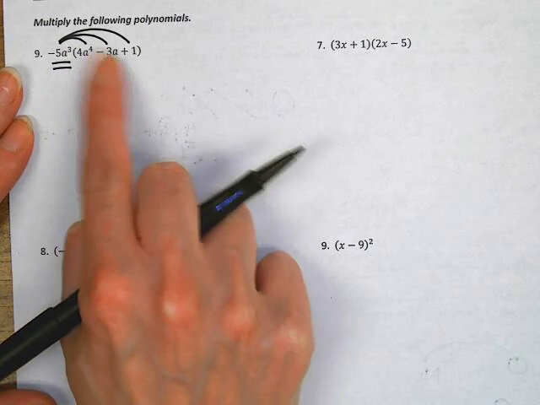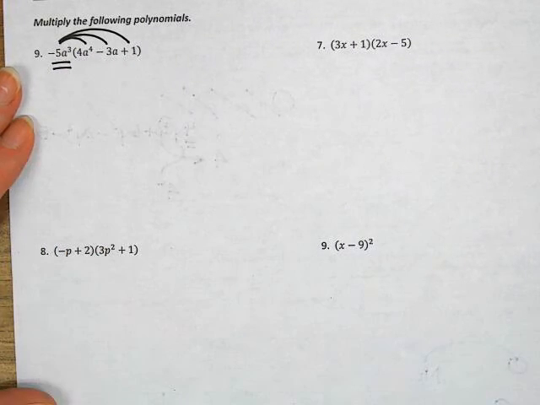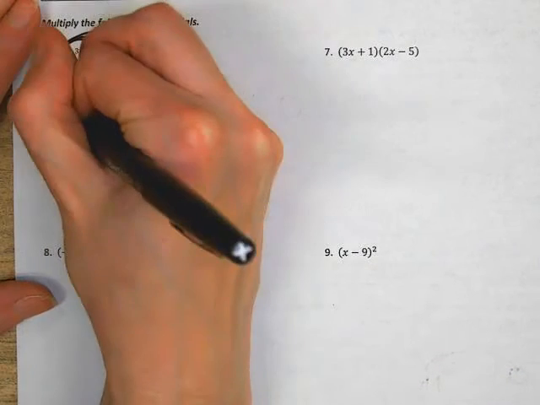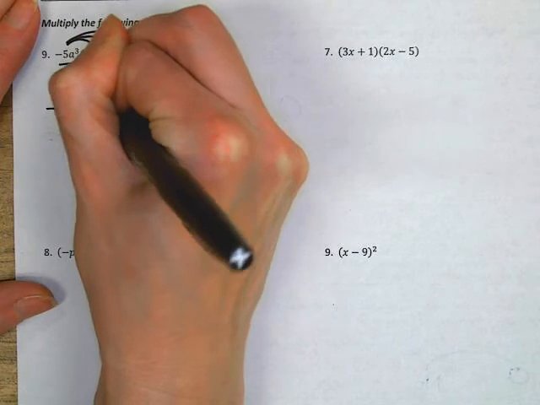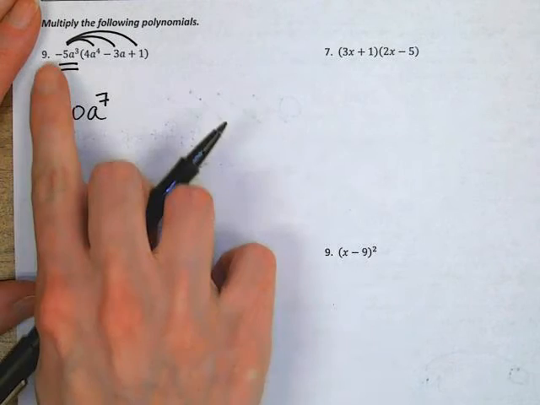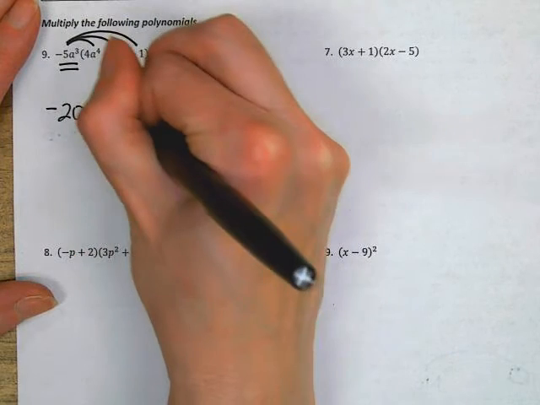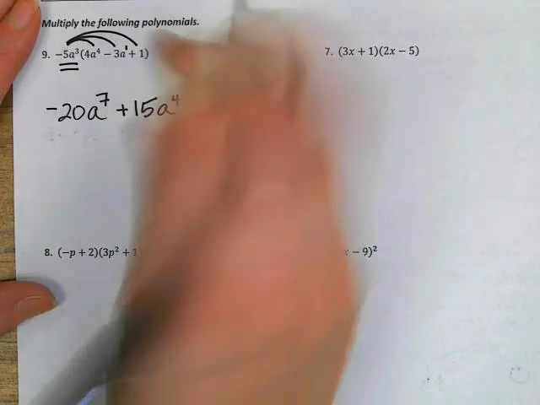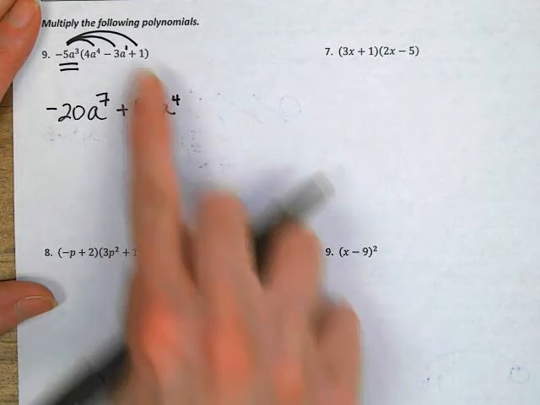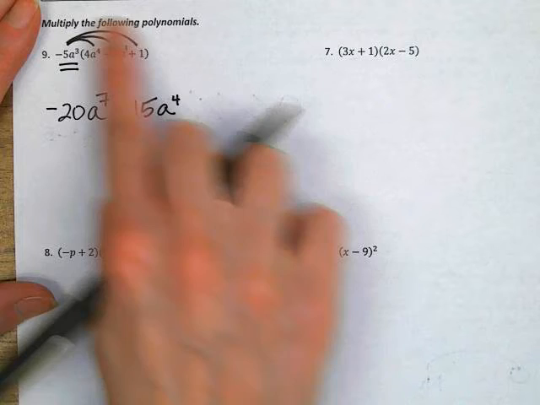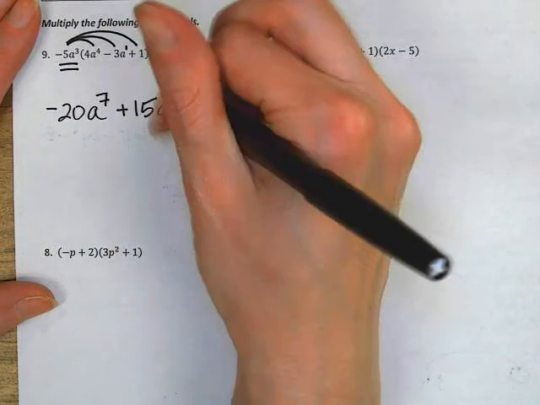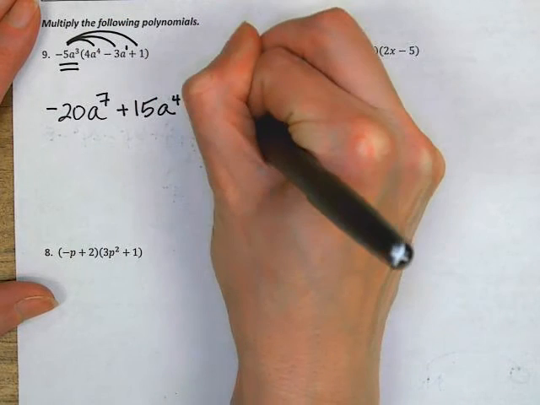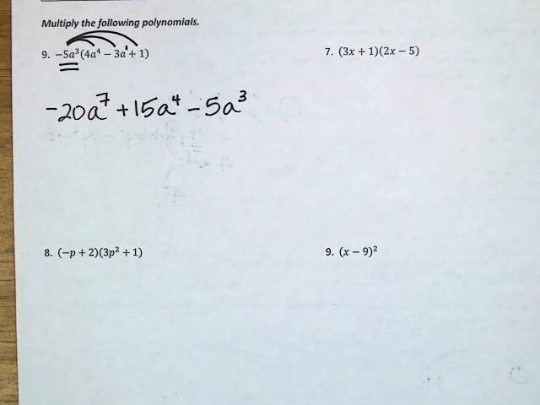So this would be negative 20a^7, and then plus 15a^4, right? Because there's a little 1 there. So a^4, and then anything times 1 just stays. Minus 5a cubed. That's it.